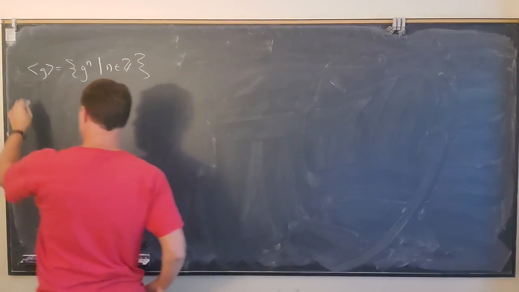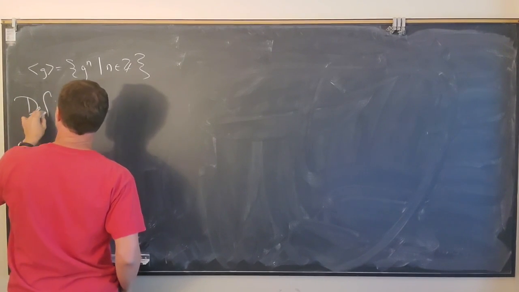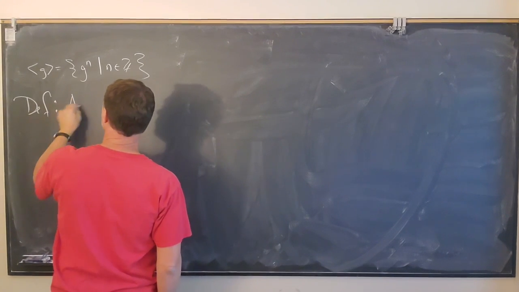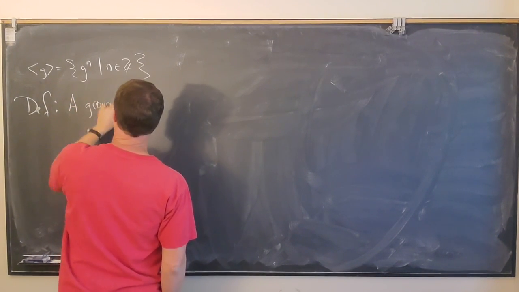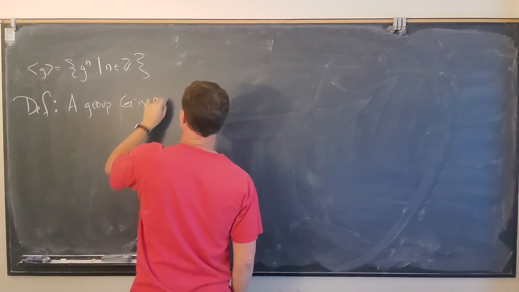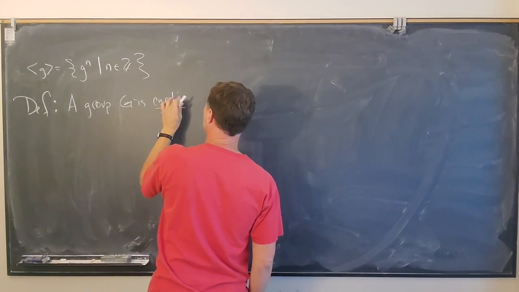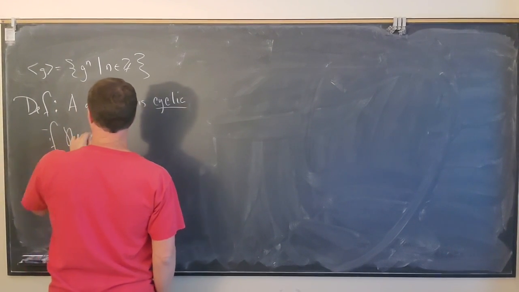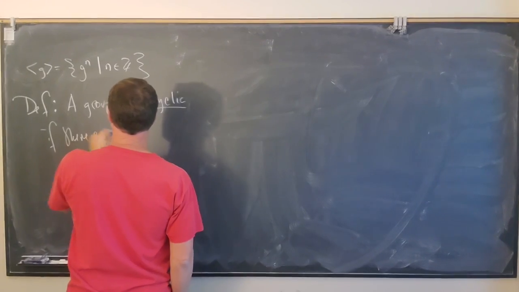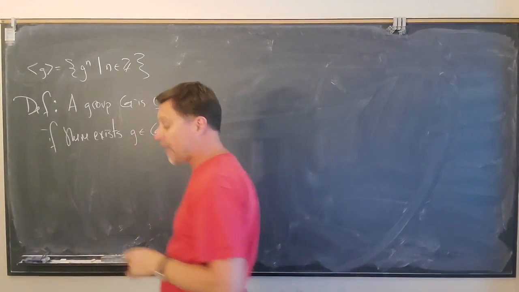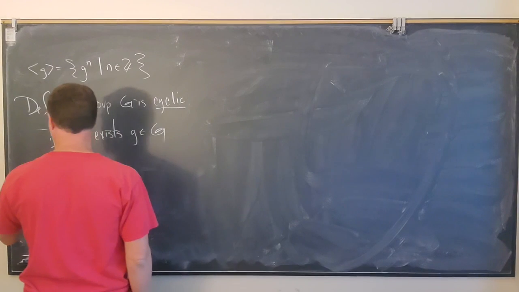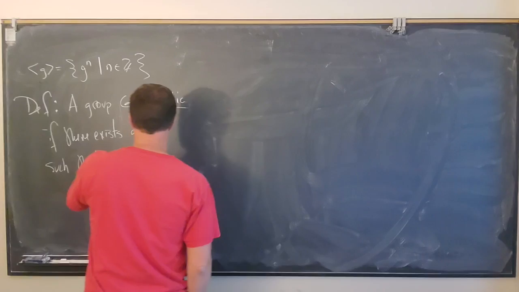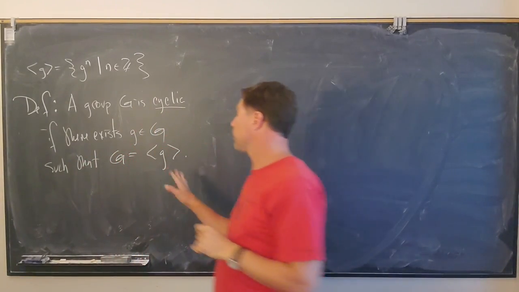And so, picking up where we left off, what we have is a definition now. A group capital G is cyclic if there exists some element little g in capital G such that G is equal to the cyclic subgroup generated by little g.